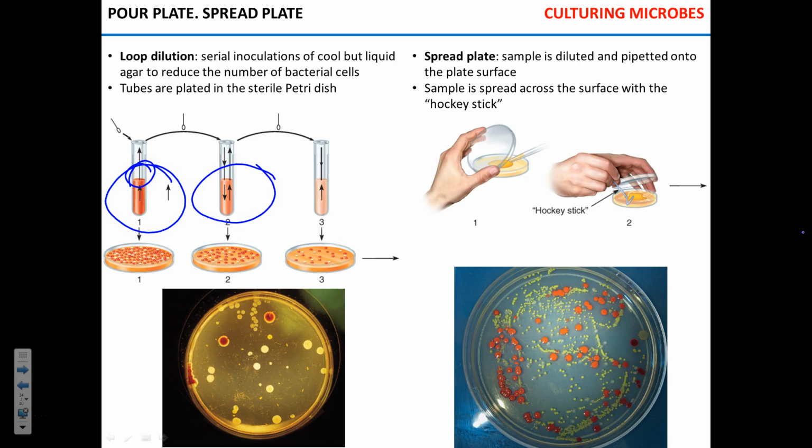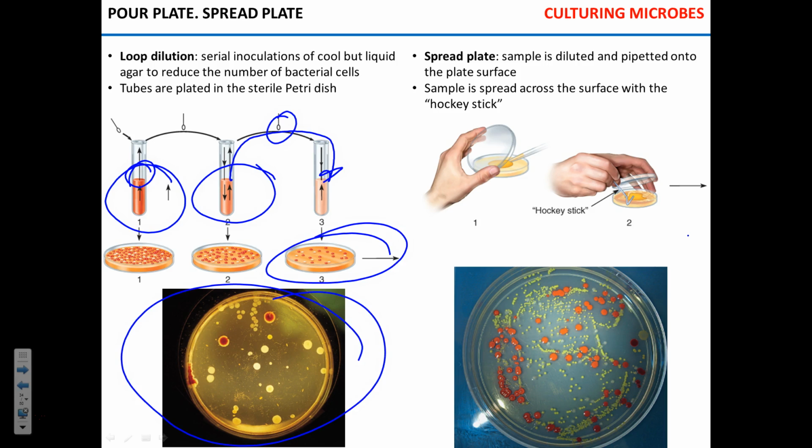So you dilute your sample. Does that make sense? And then re-sterilize the loop and move to the next tube. You can do as many dilutions as you want. Eventually you will get fewer and fewer microbes in each subsequent tube, and they will be thin enough. So this is an example of the result of such thinning.